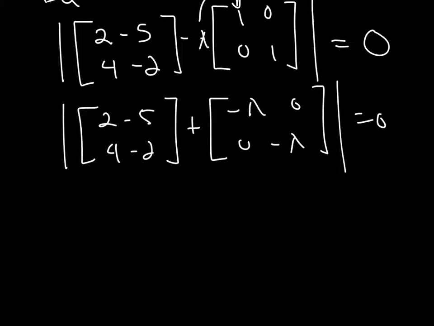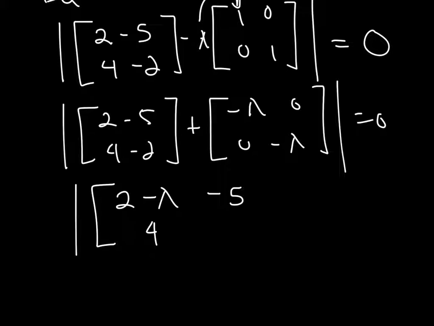Then a little bit of matrix addition: add each component, depending on which entry you're in, so this guy plus this guy, and so forth. So we have 2 plus negative lambda, which is just 2 minus lambda. -5 plus 0 is the same thing. We have 4 and -2 minus lambda.